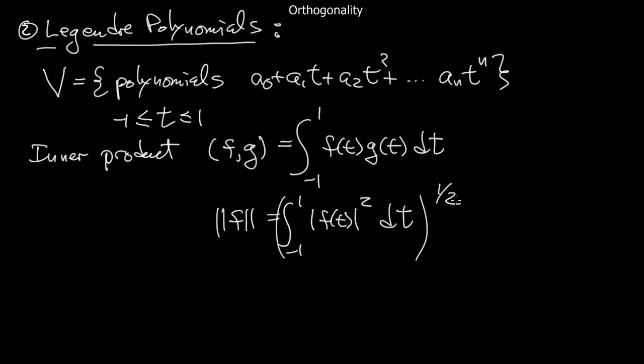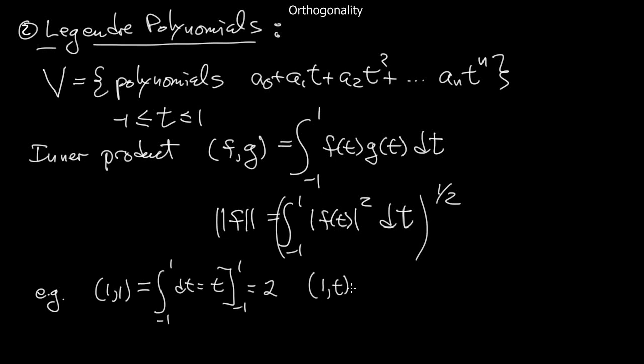And for example, let's just sort of get the idea here. Take the function 1, the constant function 1. What is its inner product with itself? Well, by definition, that's the integral from -1 to 1 of 1. And you all remember your calculus, right? That turns out to be 2.